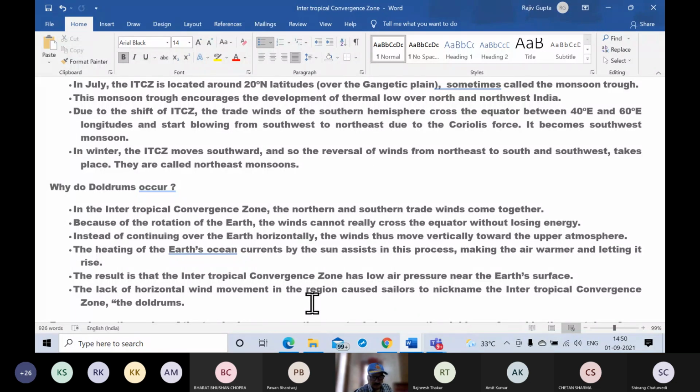Because there is a lack of horizontal wind movement in the region, it came to be known as doldrums, without any wind. As you have heard the expression many times, it is said the vessel has run into doldrums, meaning in trouble, because in doldrums no wind is there, trade winds are lacking, and therefore the sailing ships used to lose speed.